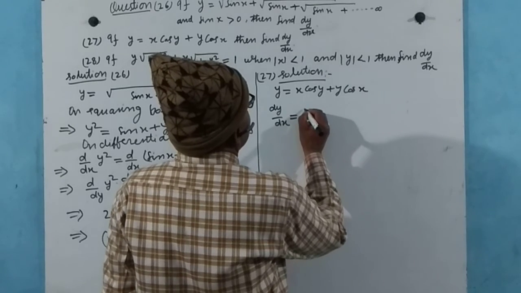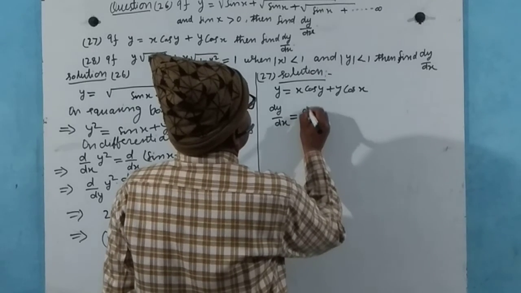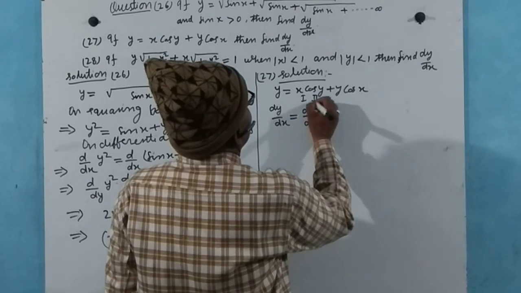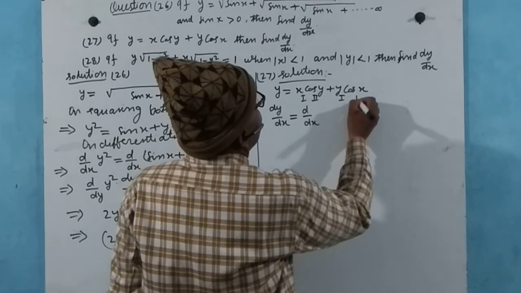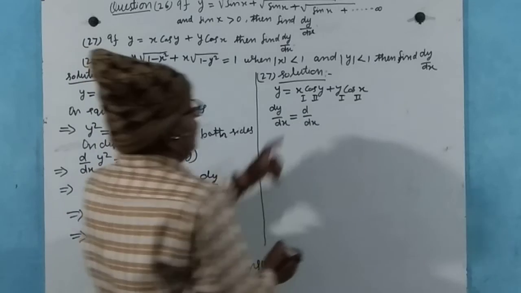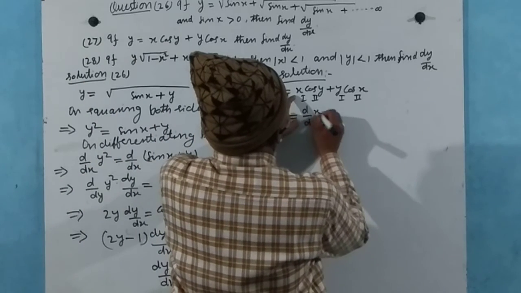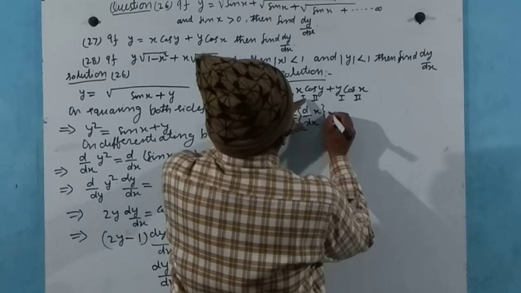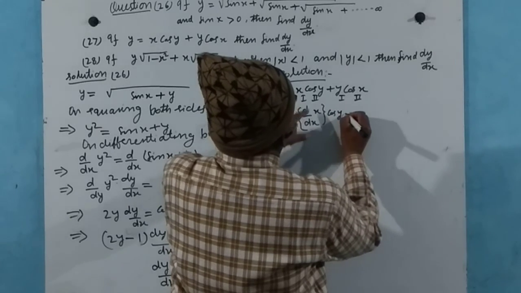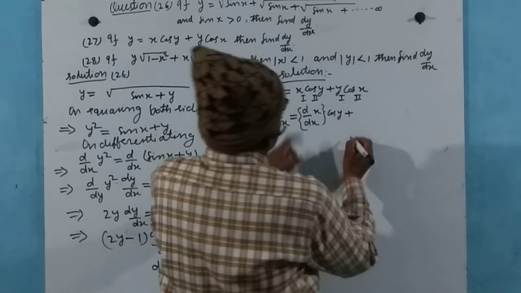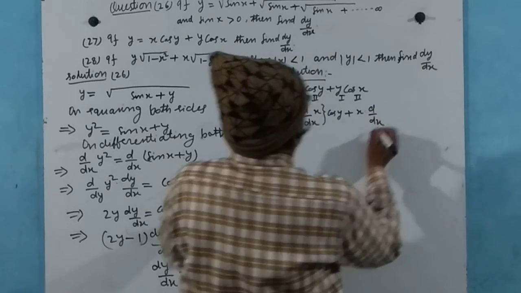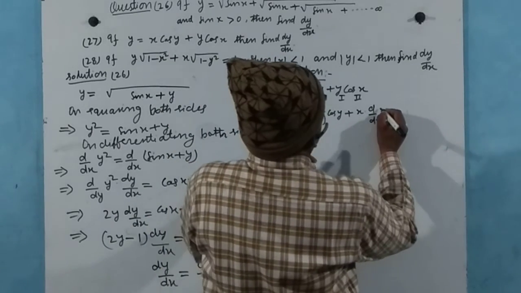d by dx of this. This is a first and second product, and this is also a first and second product, so d by dx of x into cos y, plus x into d by dx of cos y.